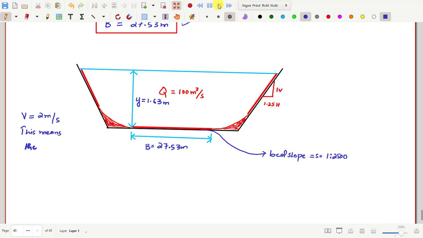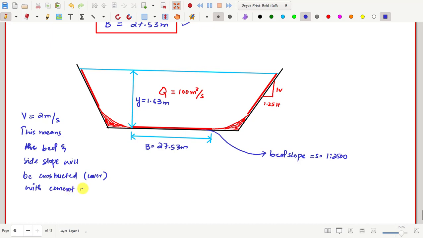So this means the bed and side slope will be constructed, or you can say cover them with cement concrete.